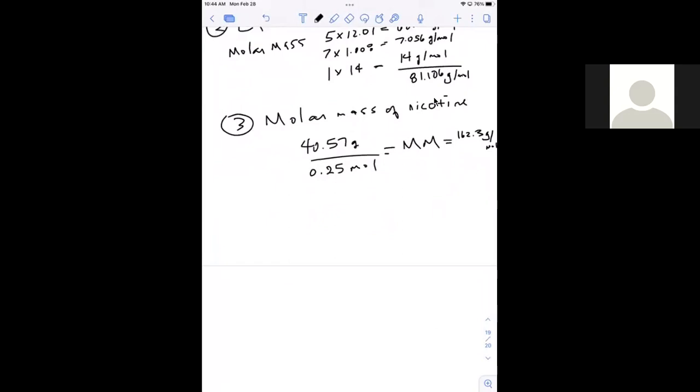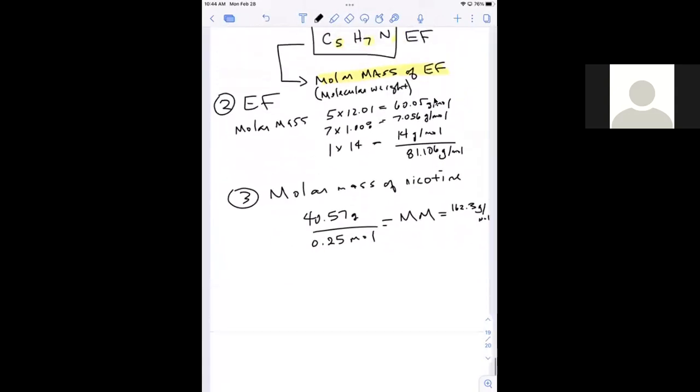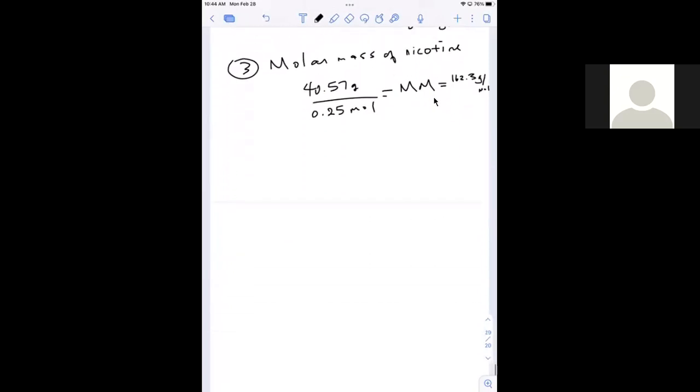It's the same way we calculated the empirical formula molar mass, right? And we're going to find out what the actual molecular formula is now. So how do we do that? The final step, and this is a long problem, but it's shorter when you think about what we've actually done. I'm going to go back and recap it too.